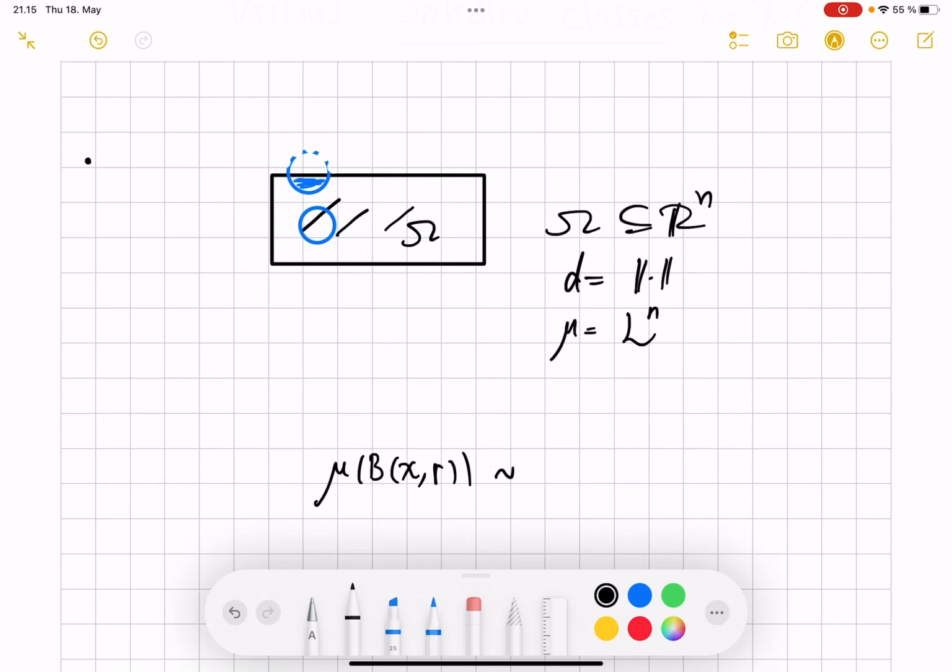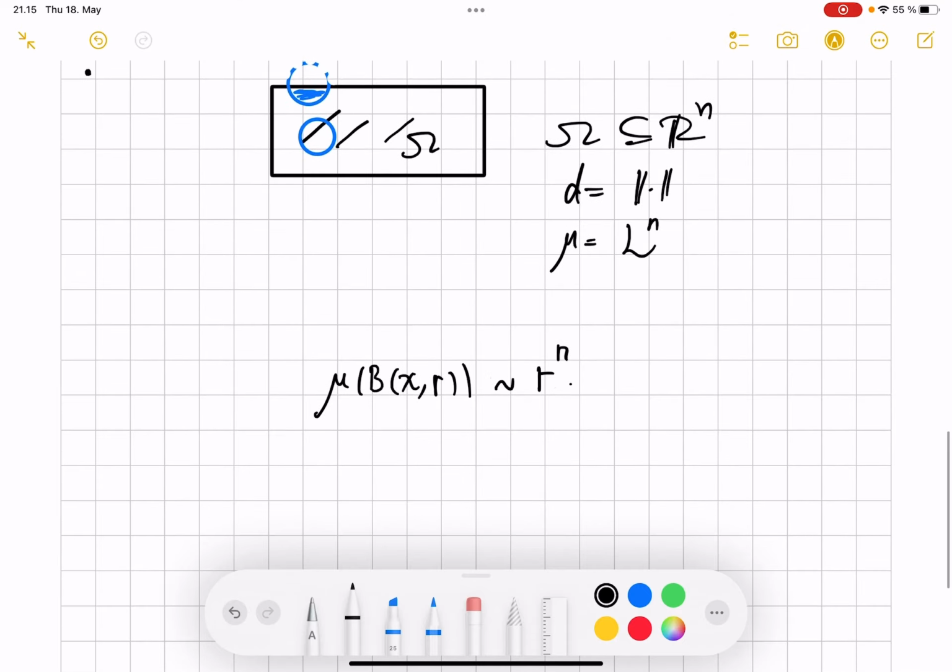So this is basically r to the power n. It's at least 1/4 of the complete balls in the Euclidean space. So this is definitely alpha regular, with alpha equal to n. It's a regular Borel measure also.